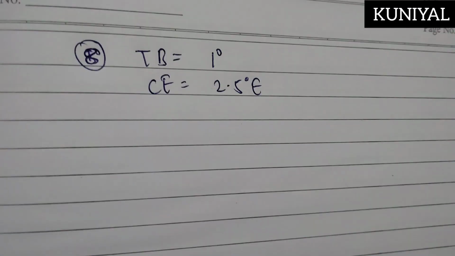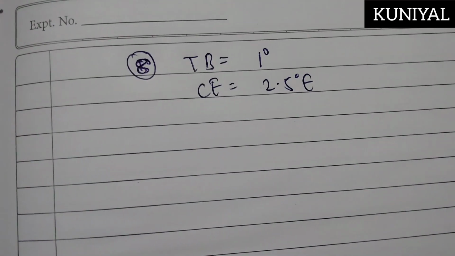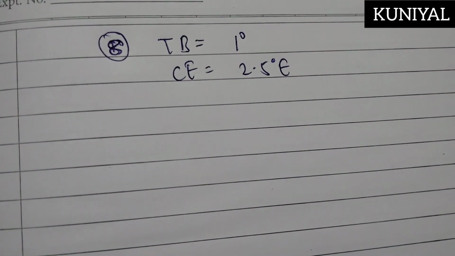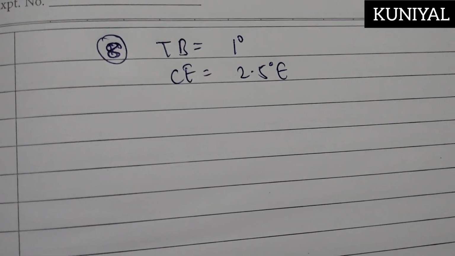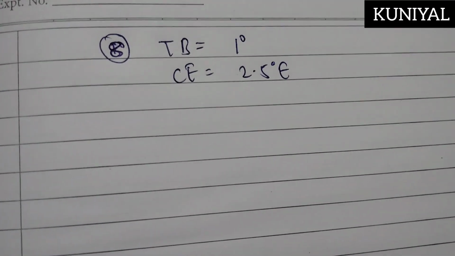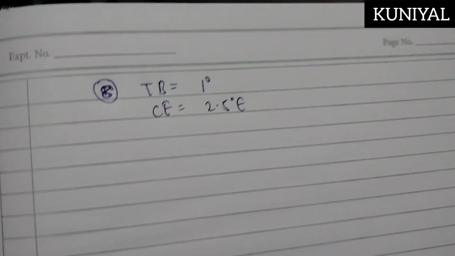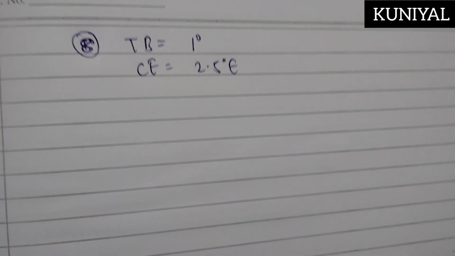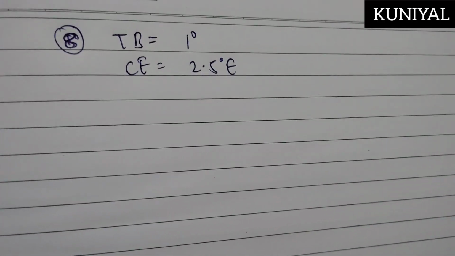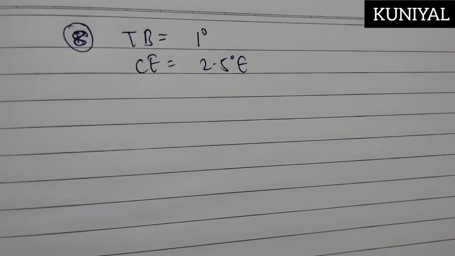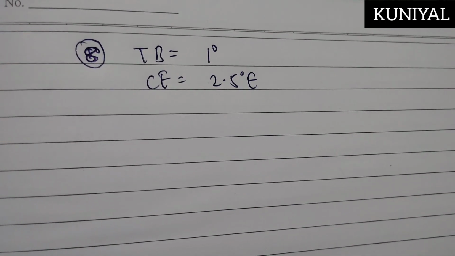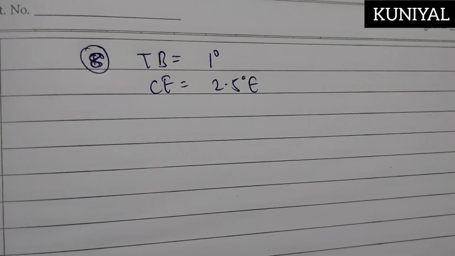Whenever you have such questions, you have to add 360 degrees to the 1 degree or whatever is given here. So 1 degree plus 360 equals 361 degrees, and the error is 2.5 degrees.